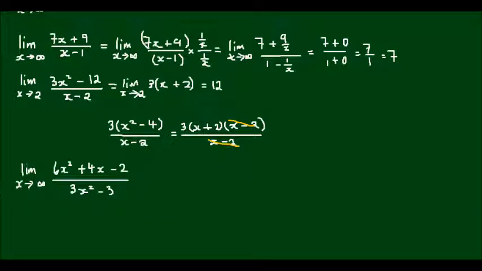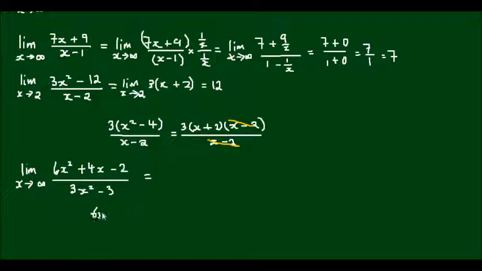Alright, with this one, the limit as x approaches infinity of 6x squared plus 4x minus 2 over 3x squared minus 3, it's another case of multiplying the top and bottom by the reciprocal of the highest degree of x.